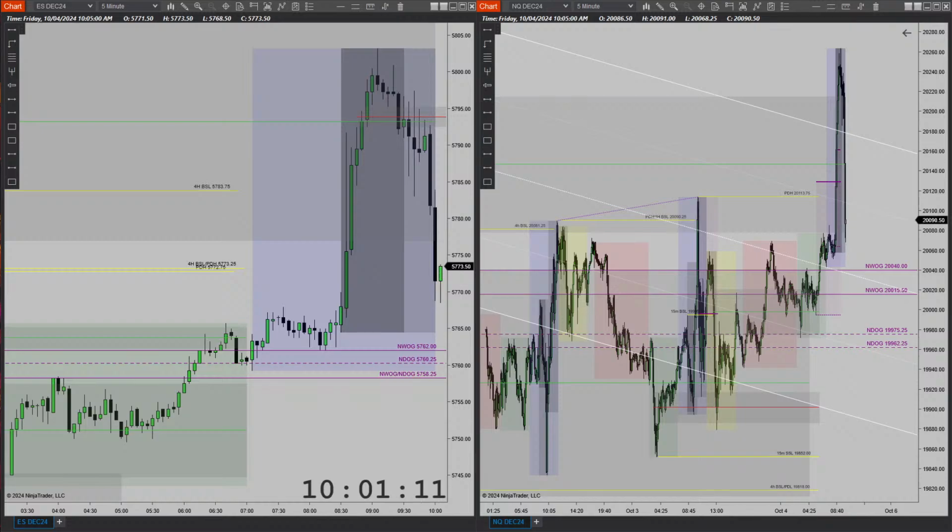I don't see a deep retracement happening here, so I'll just leave it.